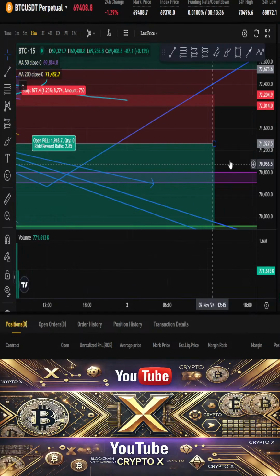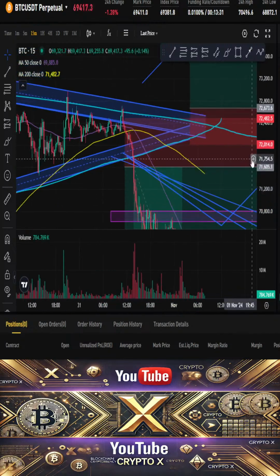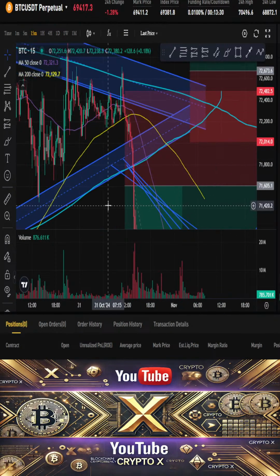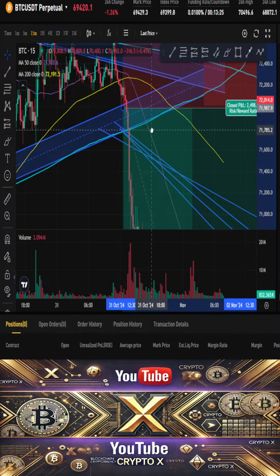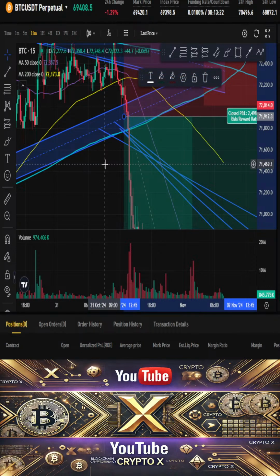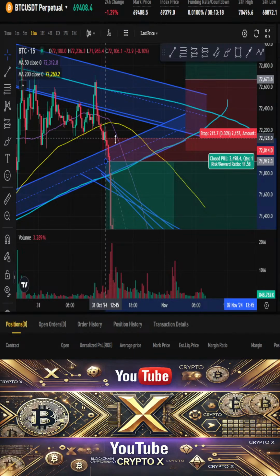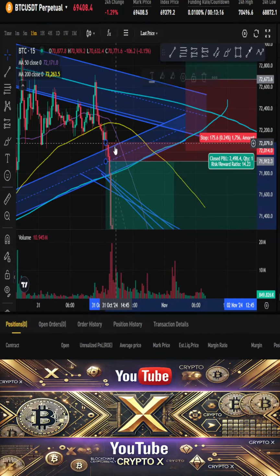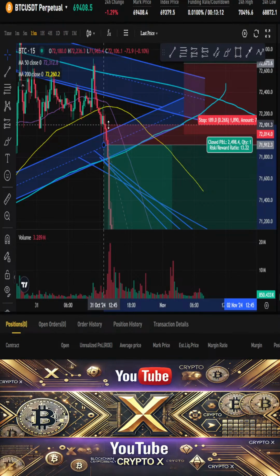For the normal trader, the entry will be here. I had just told you, but for the safe trader there was one more entry, around this much point. For BTC and ETH, you can go with the last candle low, or around a little bit more.